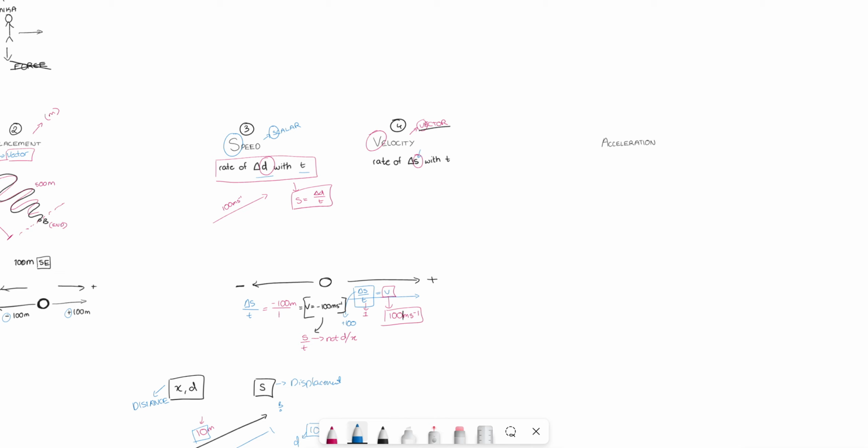Alright, now we can move on to our next quantity. Okay, acceleration. Now, acceleration is the rate of change of velocity. Okay, we're forgetting about speed now. Speed's out of the equation. We're talking about velocity.